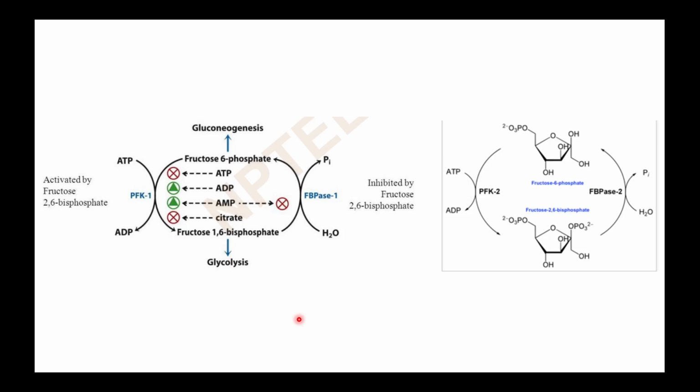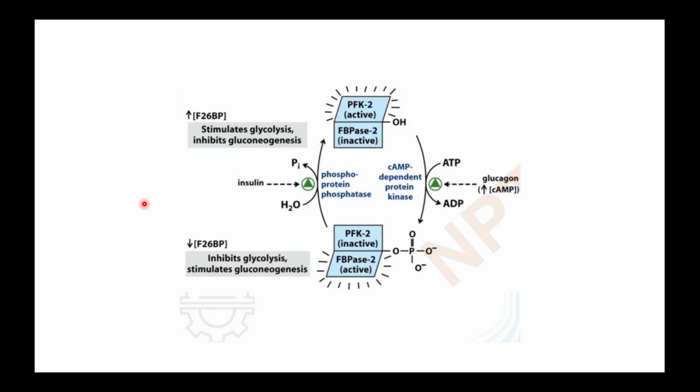Okay, why? Because fructose 2,6 bisphosphate inhibits FBPase1 and activates PFK1. Okay, so a low level of fructose 2,6 bisphosphate means more and more gluconeogenesis can happen now, because FBPase1 will not be inhibited.